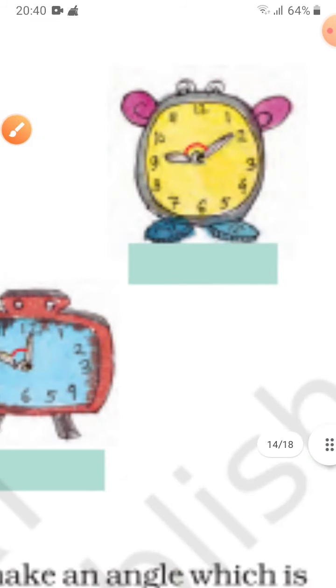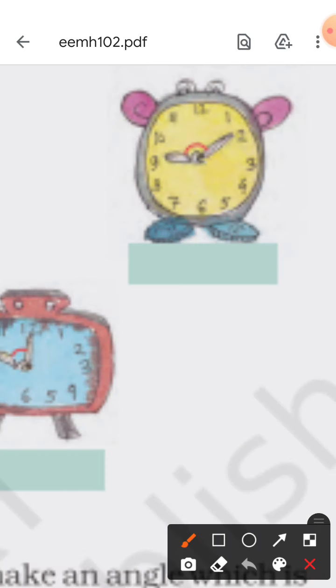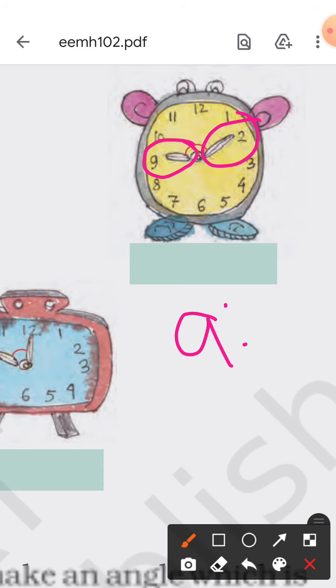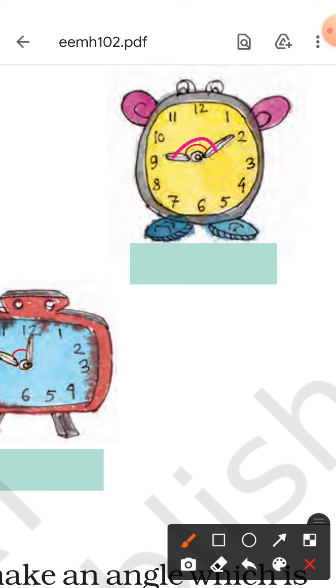In the next figure, the hour hand is at 9, so it is 9 hours, and the minute hand is at 2, that means 5 into 2 is 10, so 9 hours 10 minutes. And if you look at the angle, it is larger than 90, so here the angle is an obtuse angle.